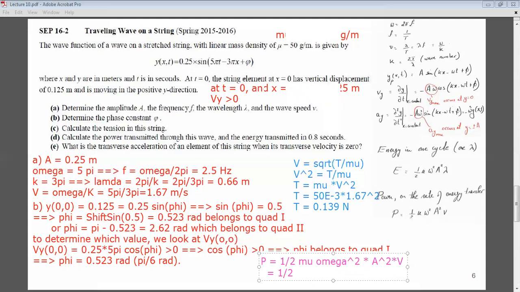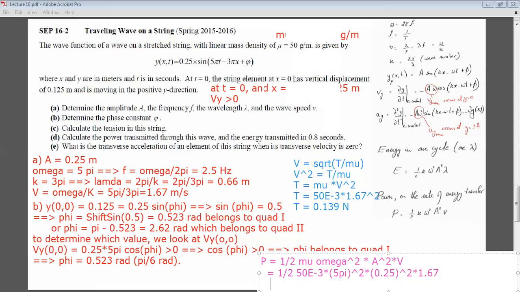So this is half, mu is 50 e to the minus 3, times omega square, omega is 5 pi, so 5 pi square, multiplied by A square, A is 0.25, times V, which we calculated, 1.67.